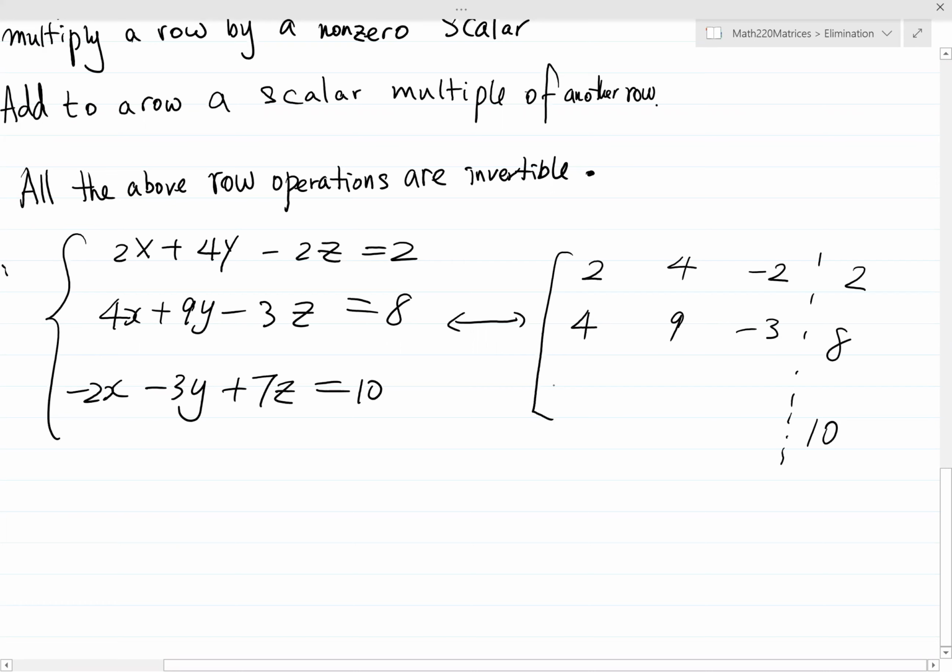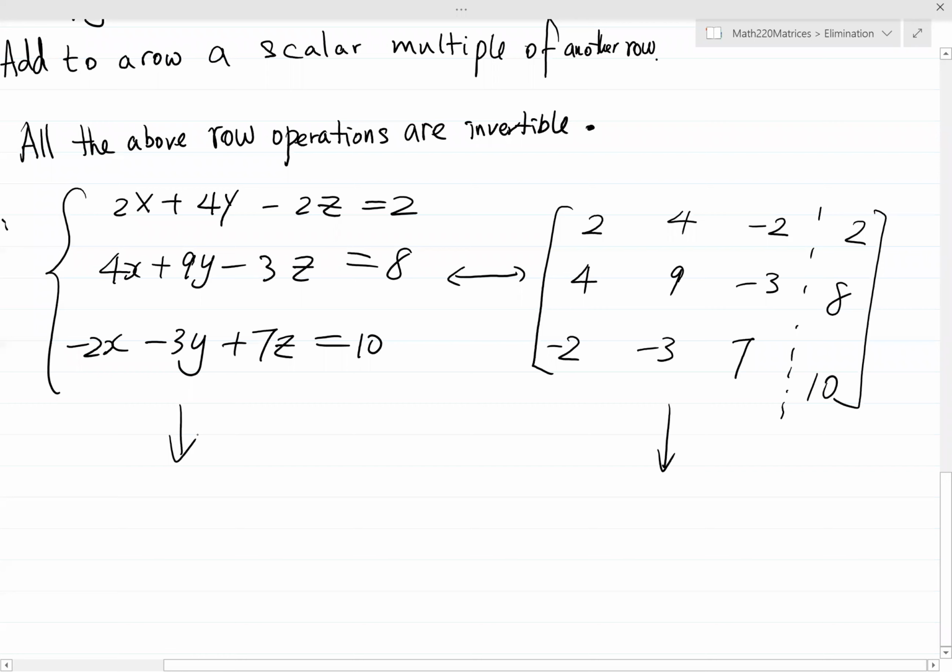Third row: x coefficient negative 2, y coefficient negative 3, z coefficient 7. So we have the augmented matrix. And then we clear the x variable. How do we clear x?